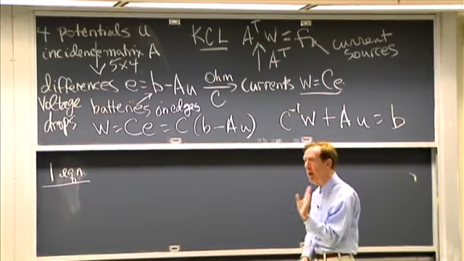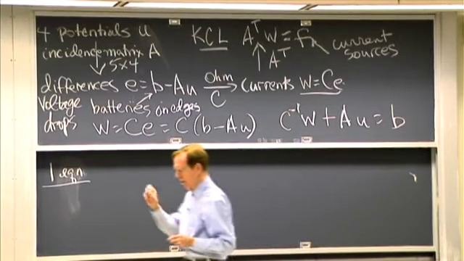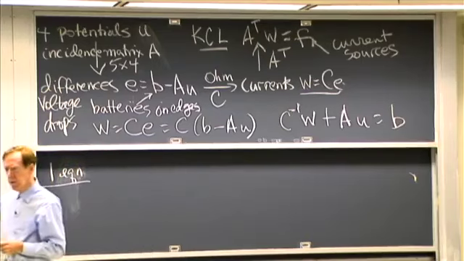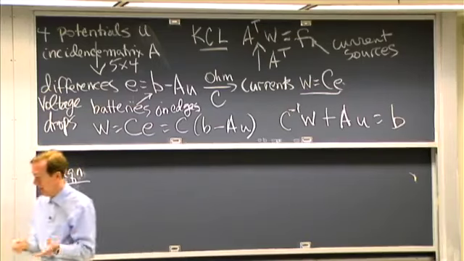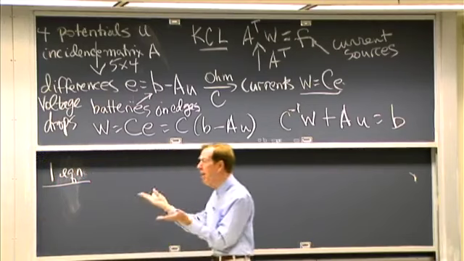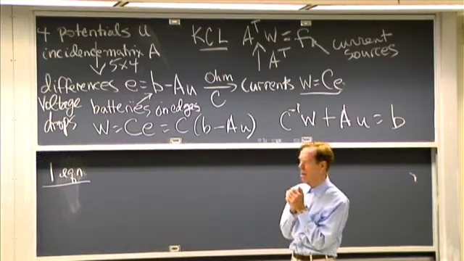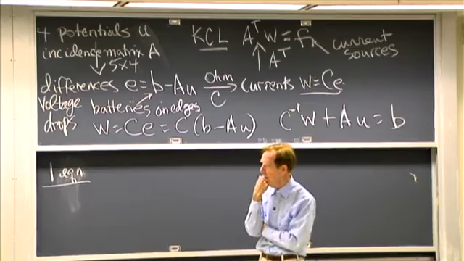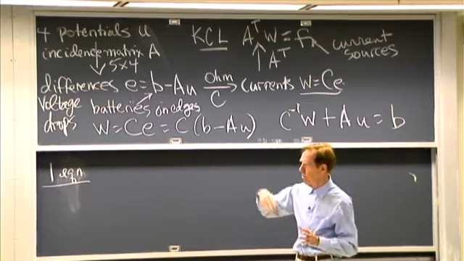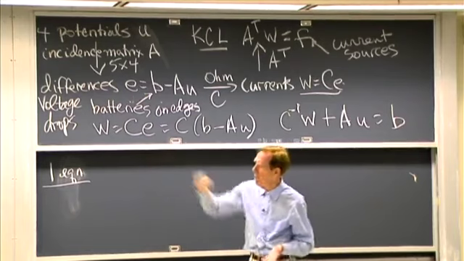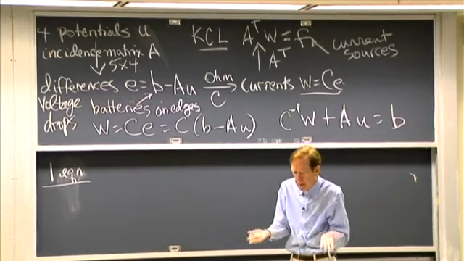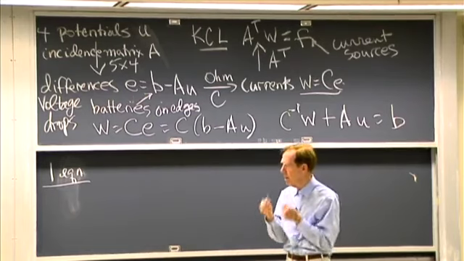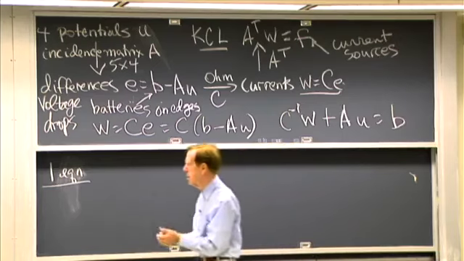And SPICE, by the way, is the grandfather of circuit simulation codes. Somebody at Berkeley had the sense to see, hey, we've got giant circuits now. Modern circuits have thousands of elements, and you can't do it by eye the way we can do this one by eye. You've got to organize it and write a code, and SPICE is the start.